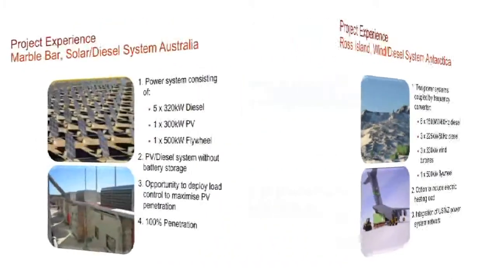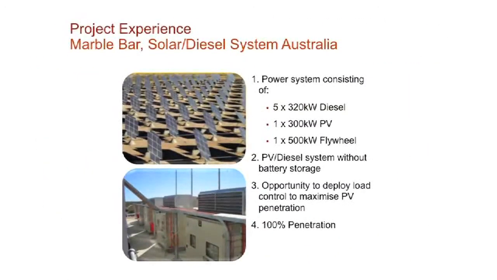This is a solar station in Marble Bar in Western Australia. Very hot. In fact, it's the hottest place in Australia. The PV tracks and delivers power to a full-size normal town with all of the normal facilities you'd expect. And during the day, we can turn all the diesels off.